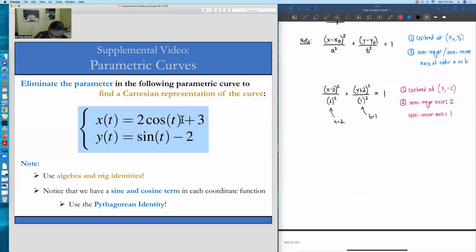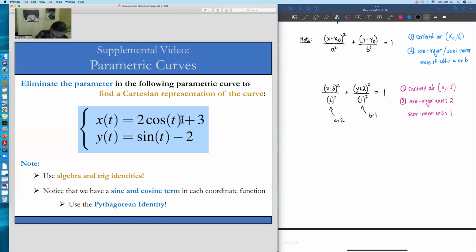So let's go ahead and try to plot the ellipse that we have. Let's quickly make a sketch here. We know this is centered at the point 3 comma minus 2, so let's go ahead and do that. So 3, and 1, 2, minus 2. There's the point at which we're centered.